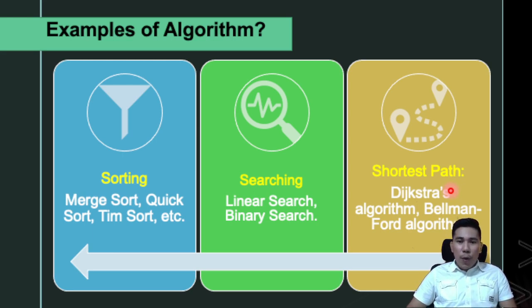So Dijkstra's algorithm is an algorithm for finding the shortest path. Normally it's applied in a map, to navigate from one place to another. And then we have Bellman-Ford.